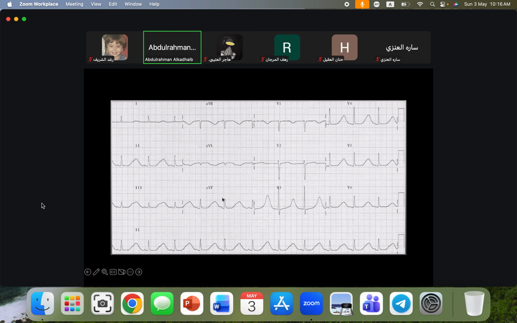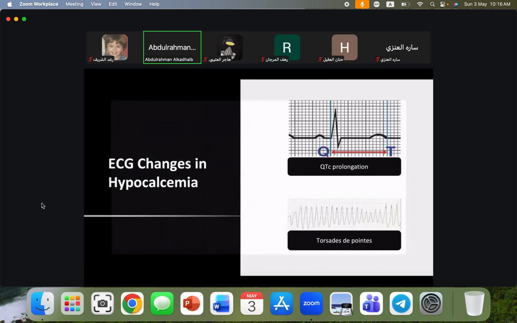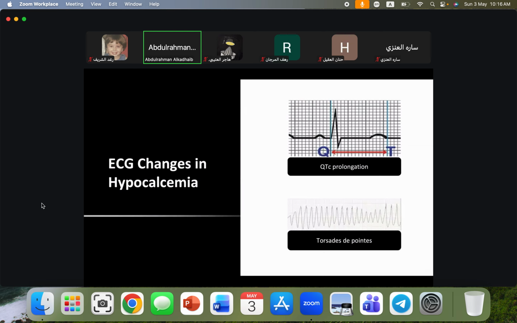And again, this is just a rough estimate, but the new ECG machines usually tell you the exact or the corrected QT interval. So again, just to clarify the finding we talked about, the QT interval will be prolonged.